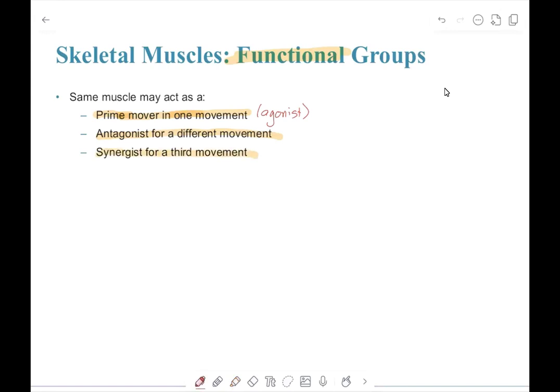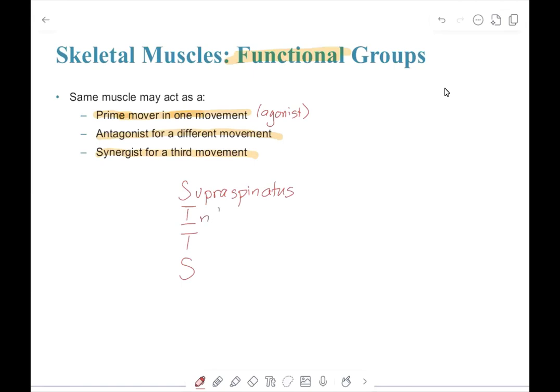So one example of one of these functional groups that you'll need to know is the rotator cuff group. So it's a functional group. And one way to remember that is the SITS muscles, beginning at the superior portion of the scapula, which you've already learned is the supraspinatus, and it's directly superior to the scapular spine.